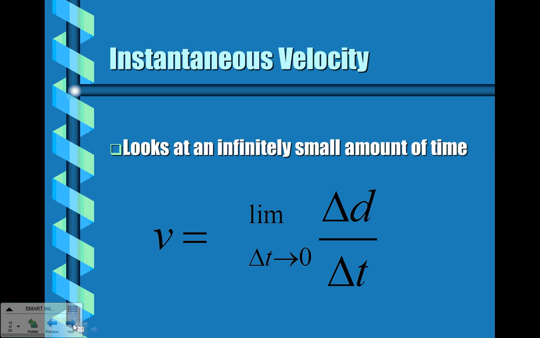If we can cut the increments of time to as small as we can get, we will have an infinitesimally small amount of time, and we're looking at the velocity at that instant in time. So we're not really looking at average anymore, but an instantaneous velocity, and those things we'll look at a bit more later.